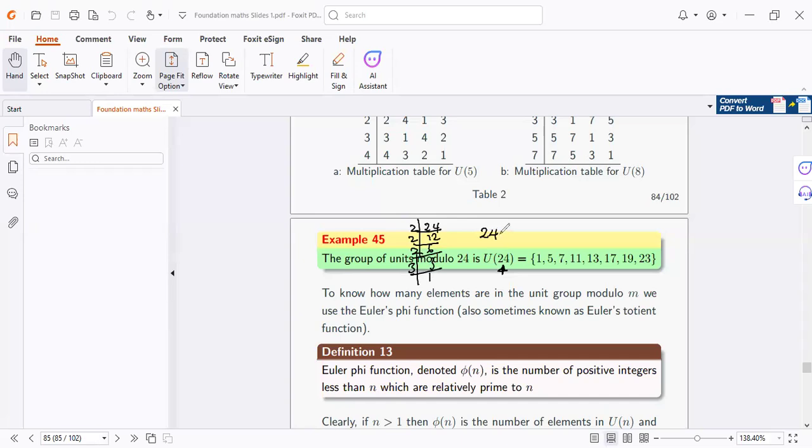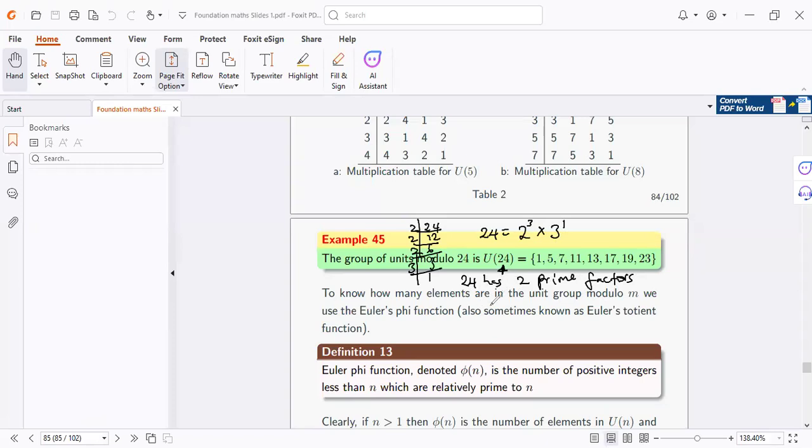So you realize that 24 is the same as 2 raised to 3 times 3 raised to 1. Now, this is not very important. What is very important here is that 24 has 2 prime factors. That is what is very important to me in this exam. 24 has 2 prime factors, and the 2 prime factors are 2 and 3.